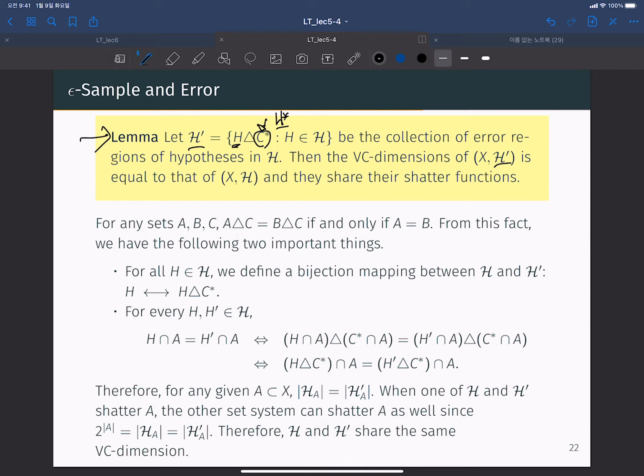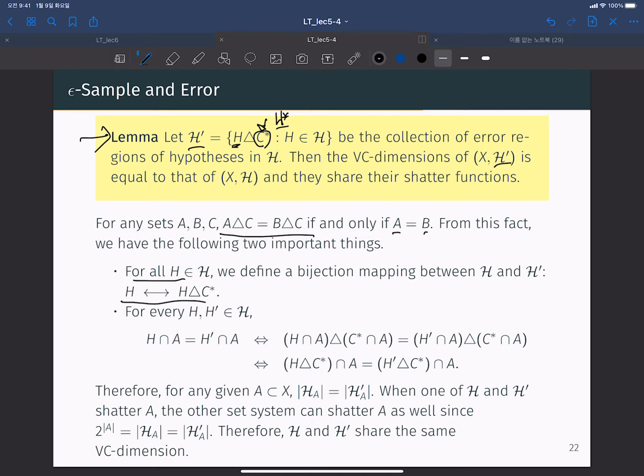How to show this lemma? It is pretty simple. For any sets A, B, C, we have this property: when the set difference A minus C is equal to the set difference B minus C, then A equals B, and the reverse also holds. From this fact, we have the following two important things. For all hypotheses, we can define a bijection mapping between H and H prime like this.